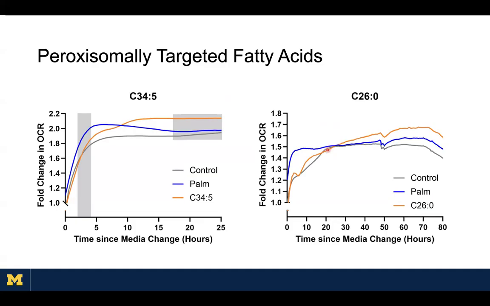So honestly, I would guess for now that because this is very preliminary and we are just now working on our protocol to get this into solution and conjugated, that this could be a little bit of a fluke in the time period of when C26 gets metabolized in relation to palmitate. If it is metabolized later than C34,5, it could be a delay in getting into the cell and getting to the peroxisome.